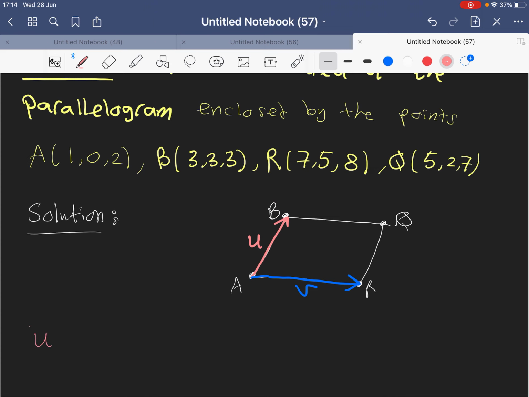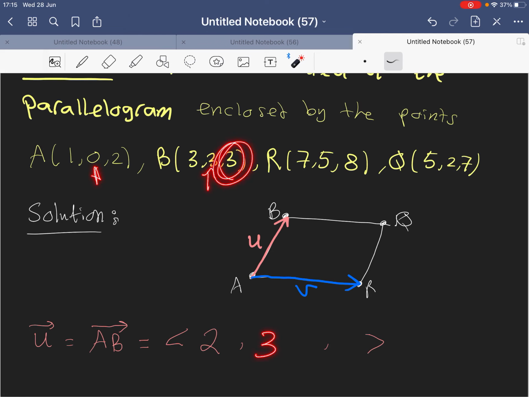So the vector U will be just the vector that has starting point at A and terminal point at B. And in order to find this one, we have to subtract the coordinates of B minus the coordinates of A. So this will be 2 minus 1, which is 1, 3 minus 0, which is 3, and then we have 3 minus 2, which is 1. So 1, 3, 1.